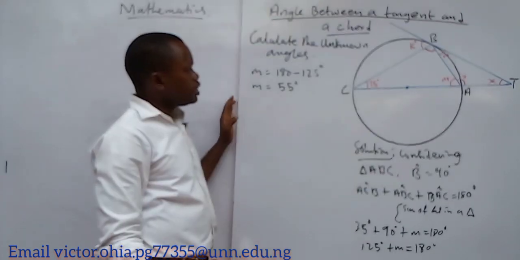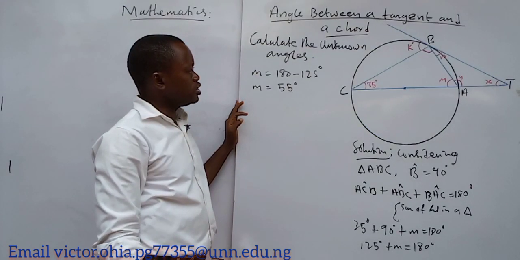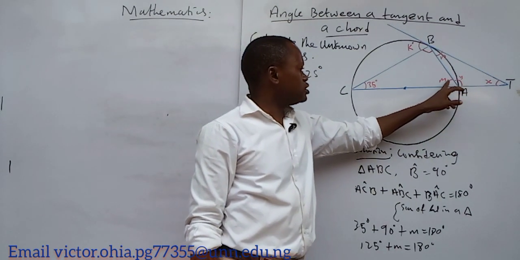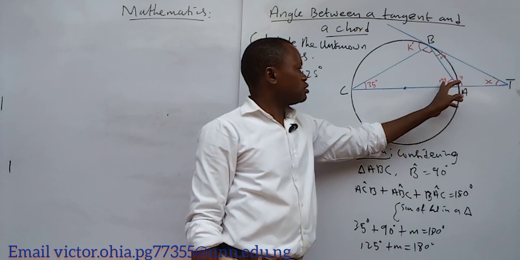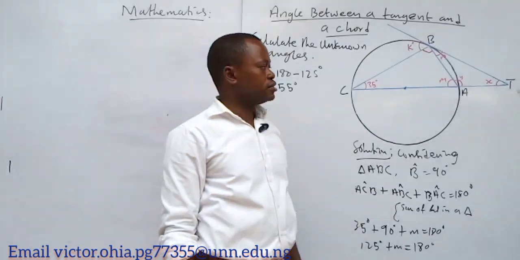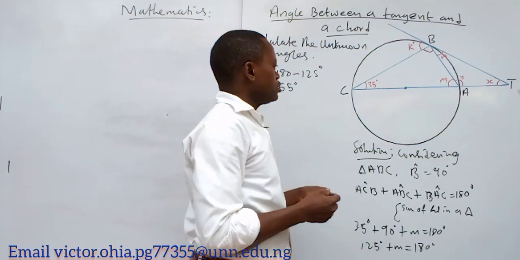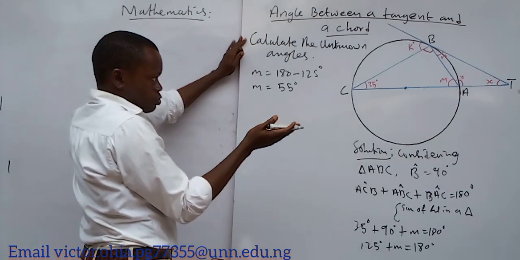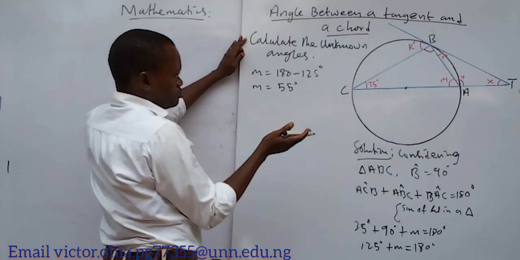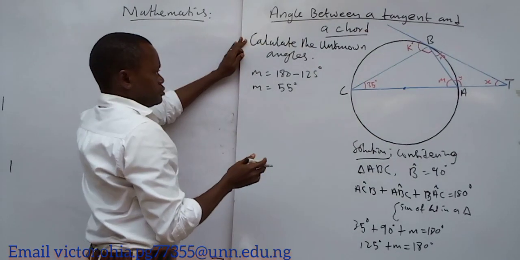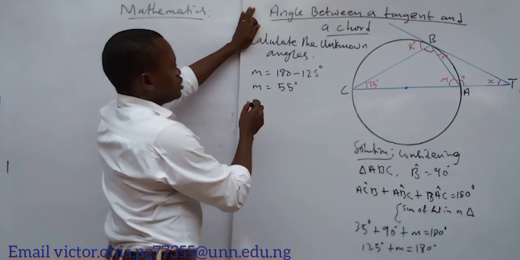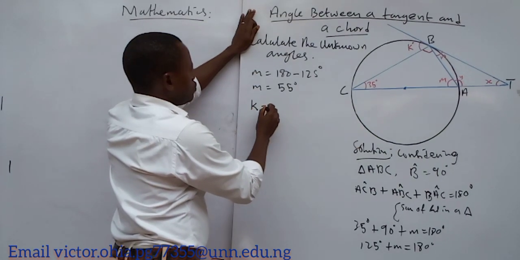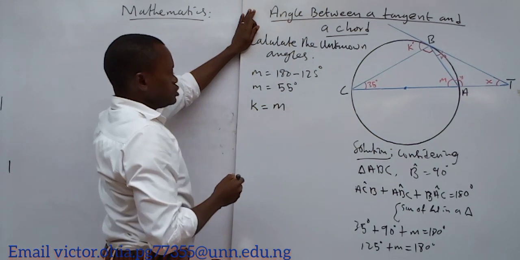Now, the next thing I will need to do is either to bring this and this together, that is M and Y, angle on a straight line, or alternatively, I can find K. I can say that K is equal to M. Why should I say so?